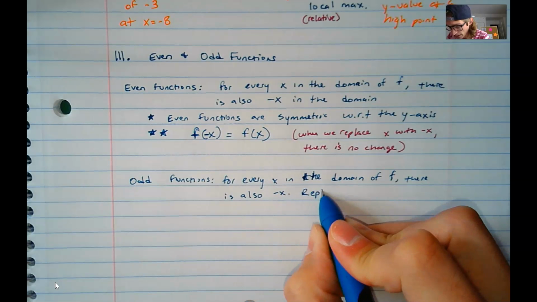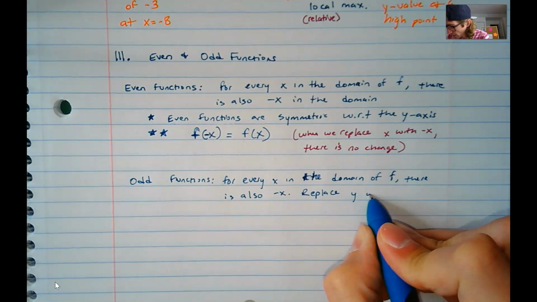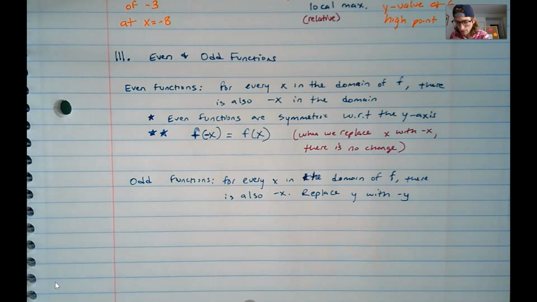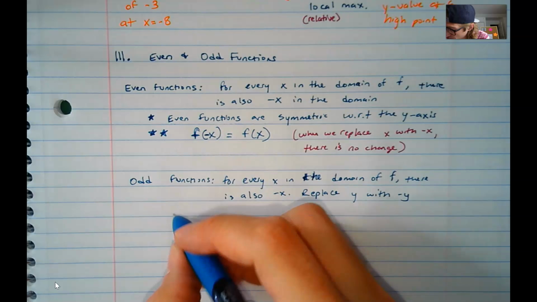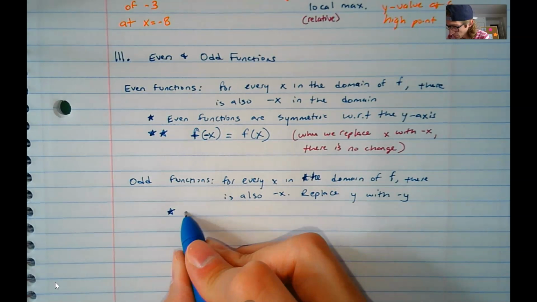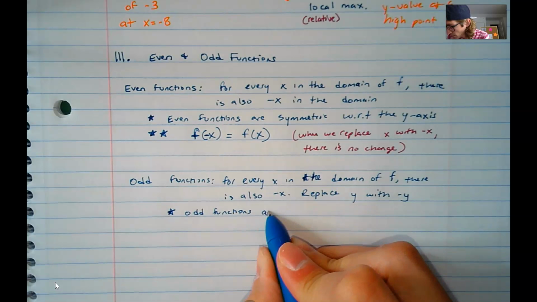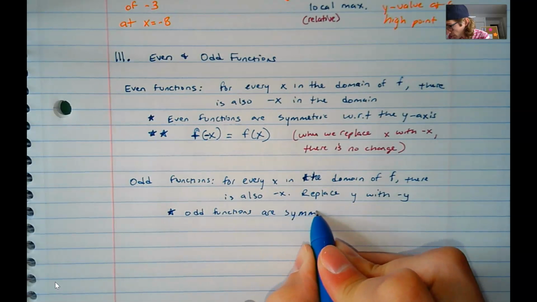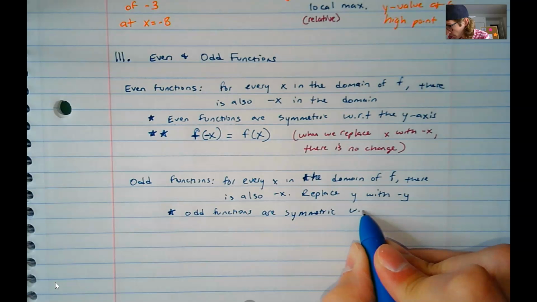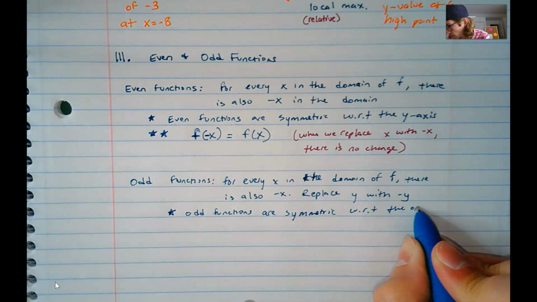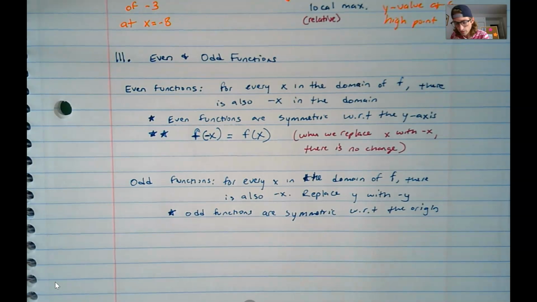And also replace y with -y. Again, maybe not the most helpful, so let's add some helpful things. Odd functions are symmetric with respect to the origin.